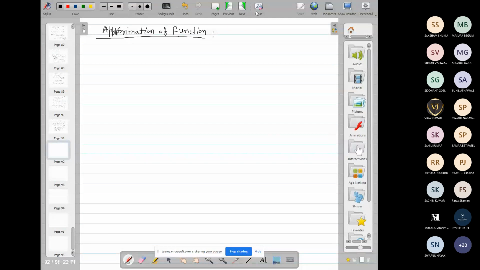So here suppose you have been given some function, say y is equal to f(x).